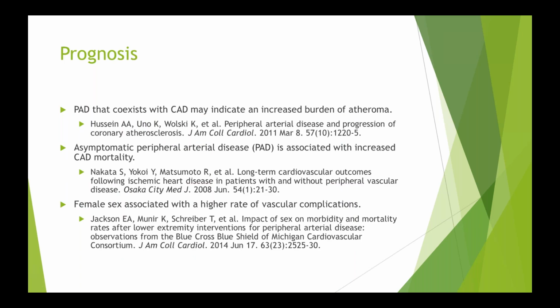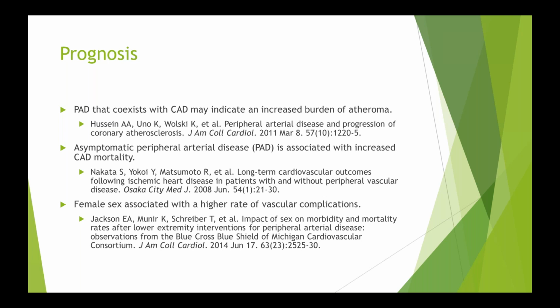Prognosis. So what is the prognosis of patients with peripheral arterial disease? Usually other conditions coexist with peripheral arterial disease, and they include coronary artery disease, atrial fibrillation, cerebrovascular disease, and renal disease.